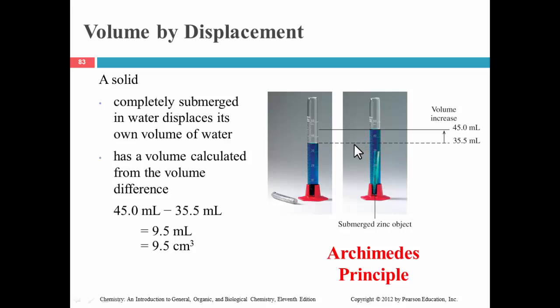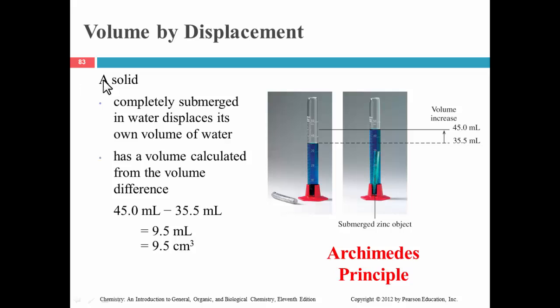So you can calculate the volume of the zinc object by the difference in the volume of the liquid with the zinc object and the volume of the liquid without the zinc object. So 45.0 milliliters with the zinc object minus 35.5 milliliters without the zinc object gives us 9.5 milliliters, which of course is the same as 9.5 cubic centimeters, since a milliliter and a cubic centimeter are the same amount of volume.